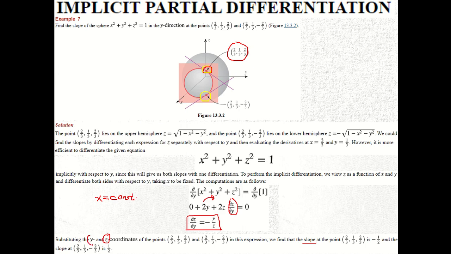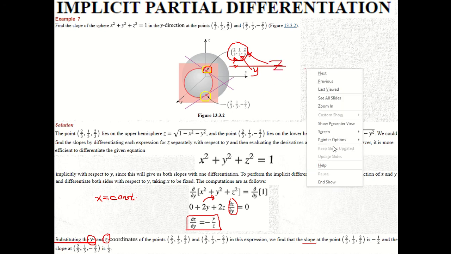This is our x value, then the second number is our y, and the third value is for z.